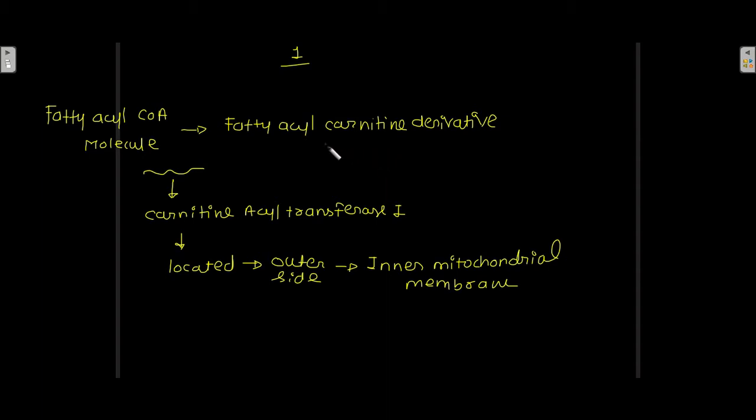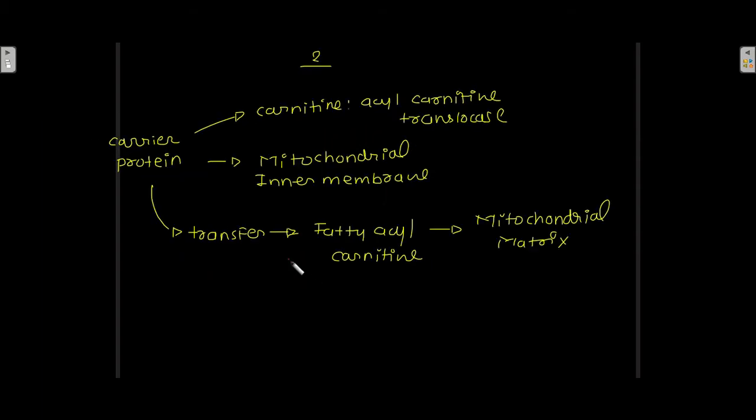That is your first step. Now there is a carrier protein known as carnitine acyl carnitine translocase. This carrier protein, which is present in the mitochondrial inner membrane, transfers the fatty acyl carnitine into the mitochondrial matrix.